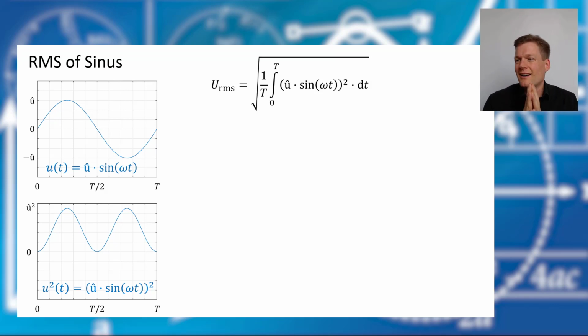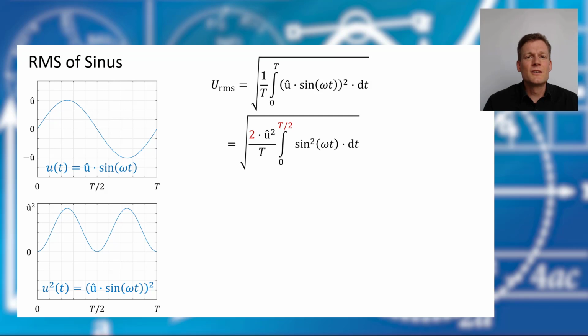Now I'll do a trick: I just integrate from 0 to half of the period time, and I know that for the other half the result would be the same, and therefore I multiply the result by 2.